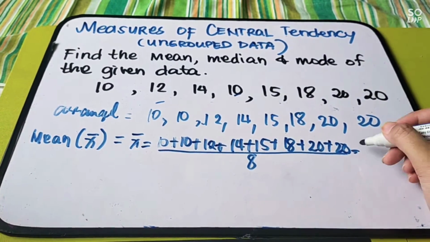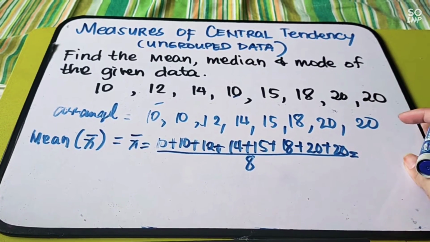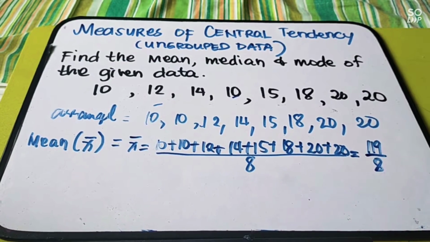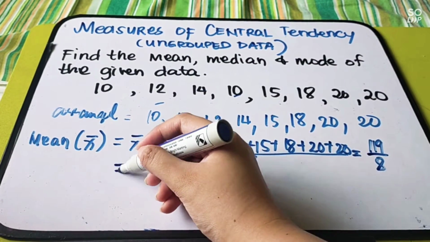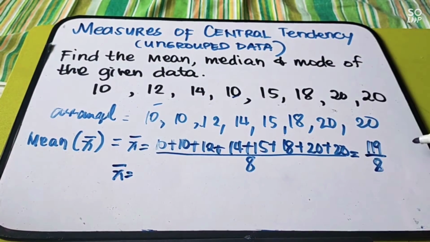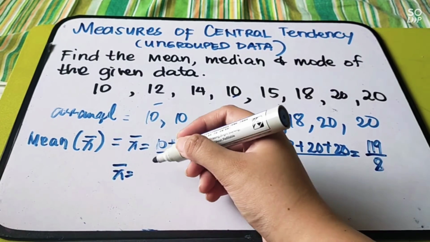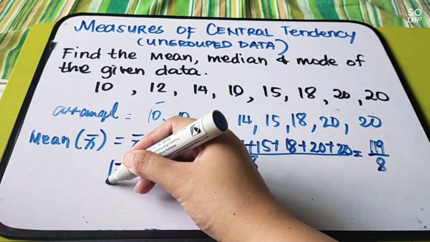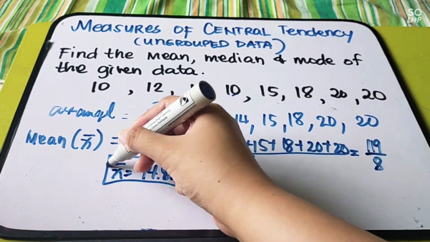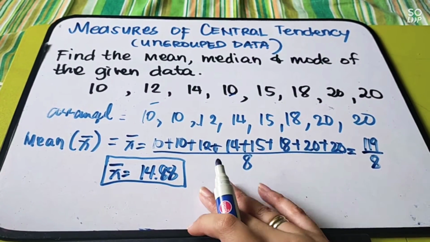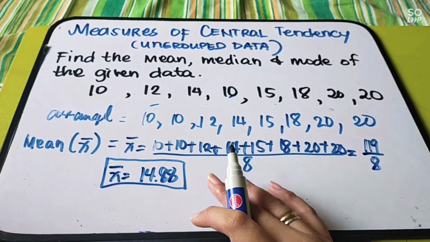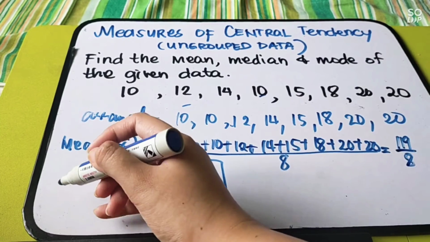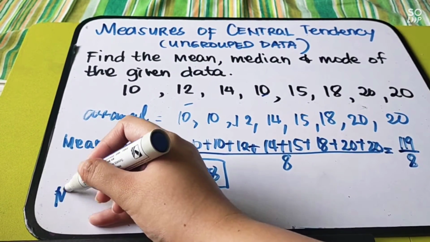If you add it all, the answer is 119, then divide it by 8. 119 divided by 8 is 14.88. So, this is your mean. Make sure that it is always simplified into 2 decimal places. Is it clear?